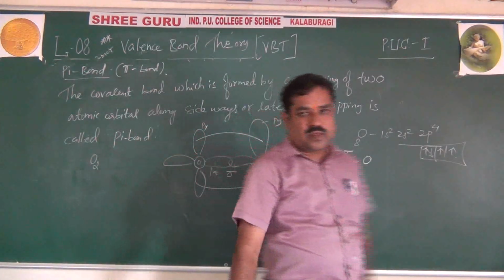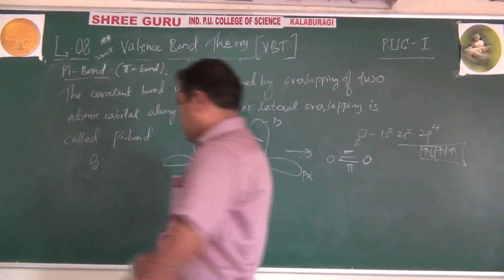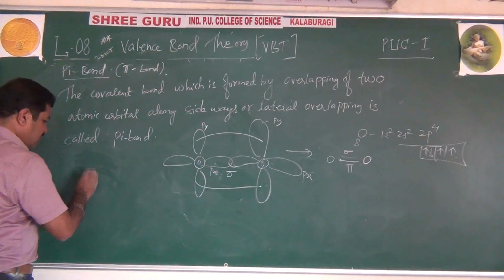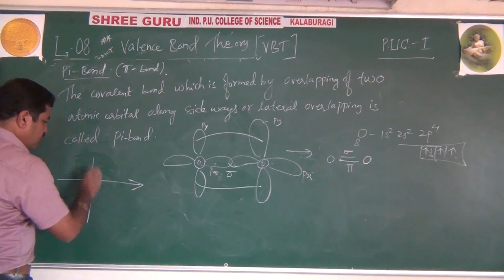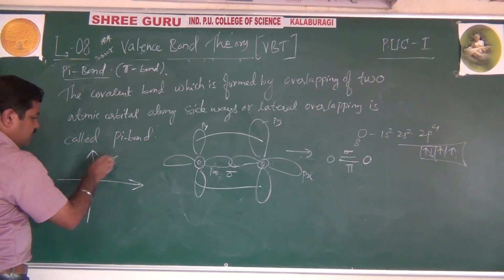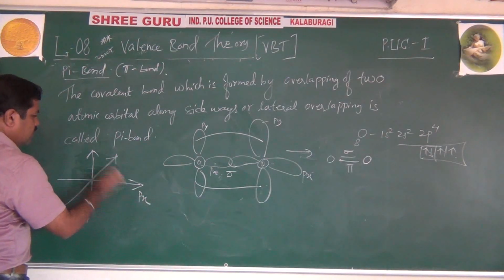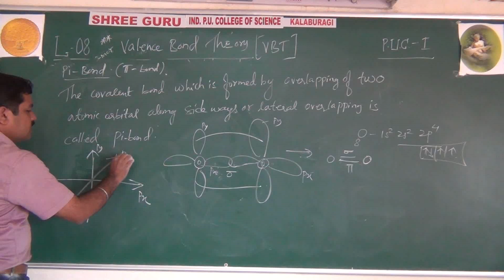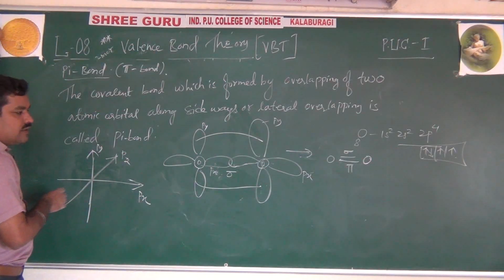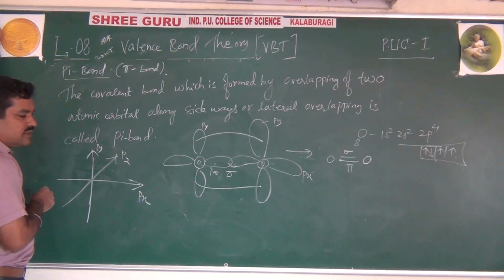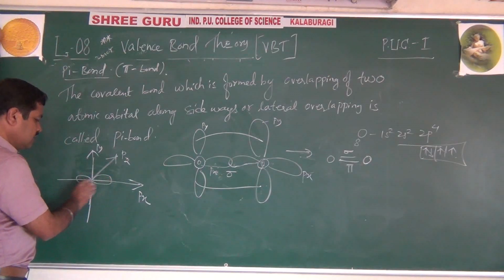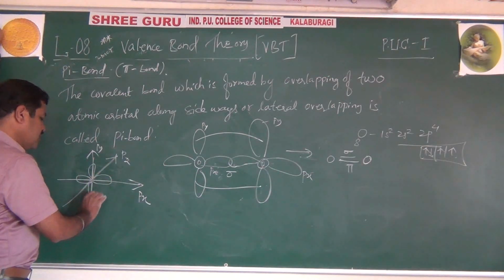See. Okay. Generally, you have to imagine this. Here, this is Px, this is Py and this is Pz. Divided double because oxygen P orbitals are double shaped. Therefore, this is Px, this is Py.